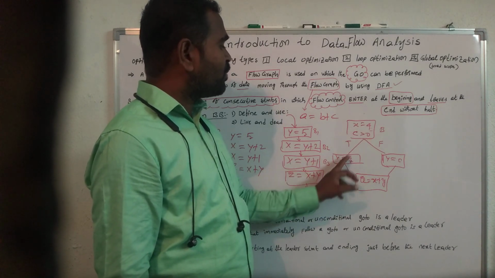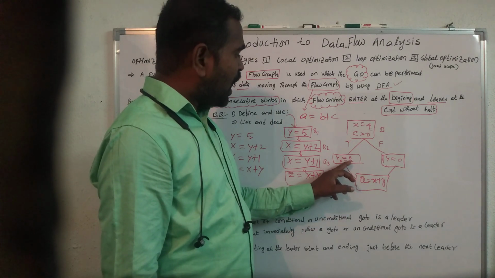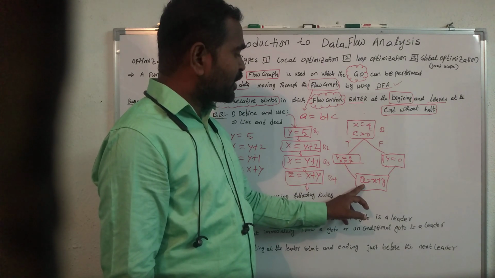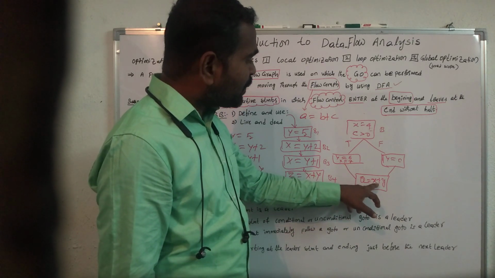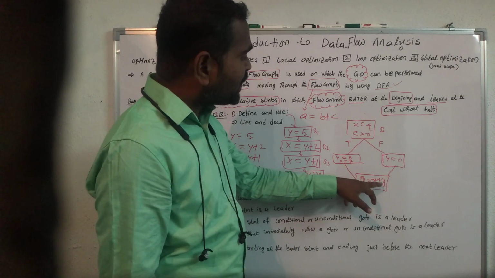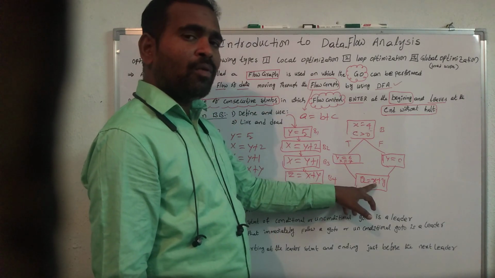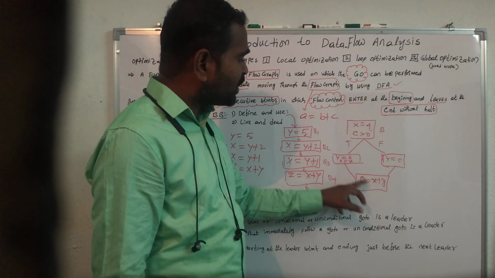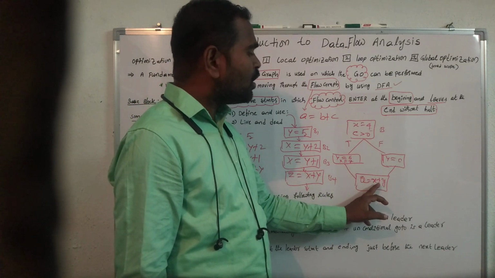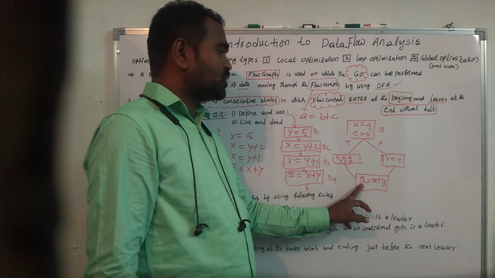Initially the x value is 4, but here the updated x value is 7. After completion of this block, the flow control goes to this location. Now in the expression q is equal to x plus y, the x value is 7 and y is 6, so the resultant value is stored into the q location.